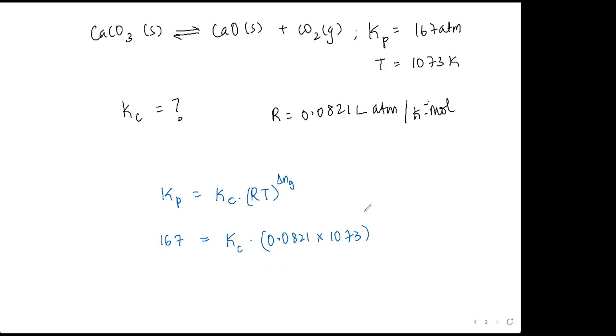So what is the value of delta n that you had to take? Is it 1? Correct. So how did you get 1? Delta n g is basically the number of moles of products minus the reactants.